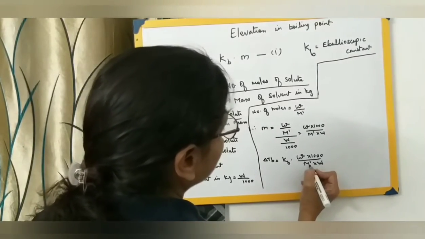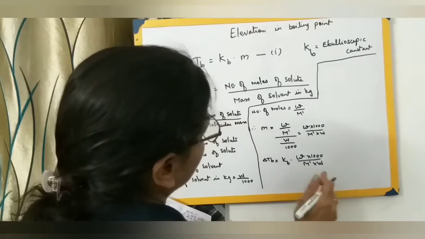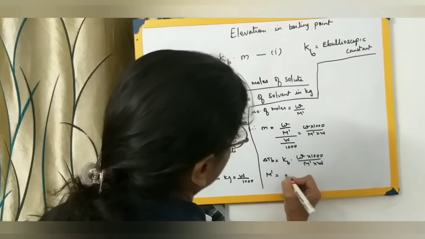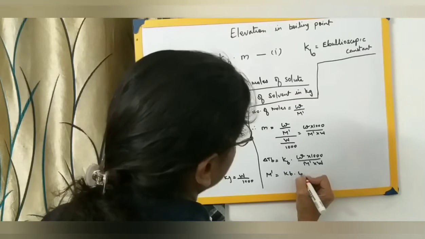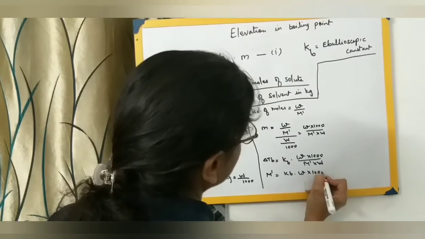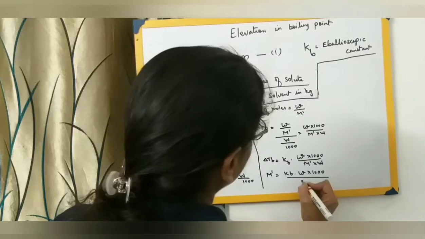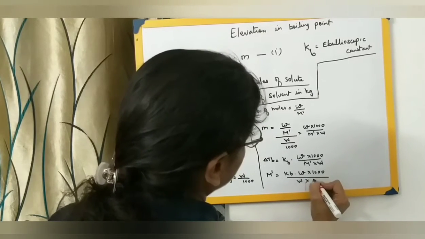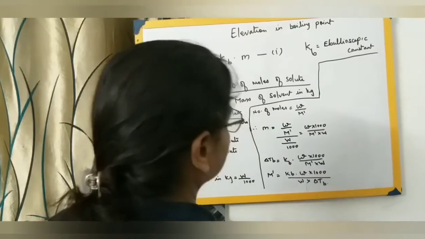So we need to find out the molecular mass of the solute. What we will do, we will bring it over here. So M dash, that is the molecular mass of the solute, is equal to Kb into small w into 1000 upon capital W into the elevation in boiling point.